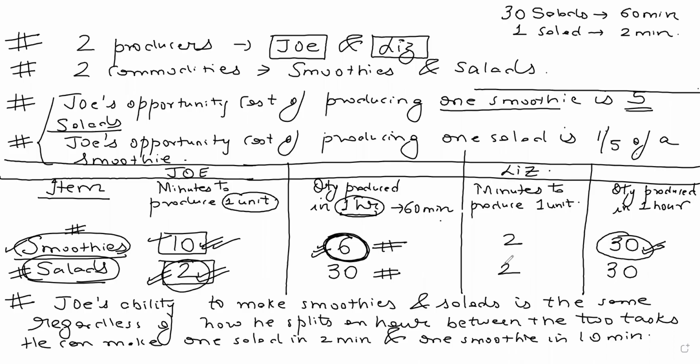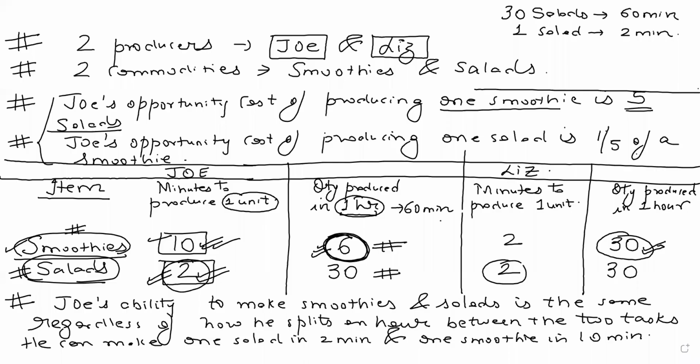So this is also 2. Okay, so I can now write Liz's opportunity cost. So I can erase this particular part. And Joey's ability, just as you can see this part, we can apply this to Liz also.